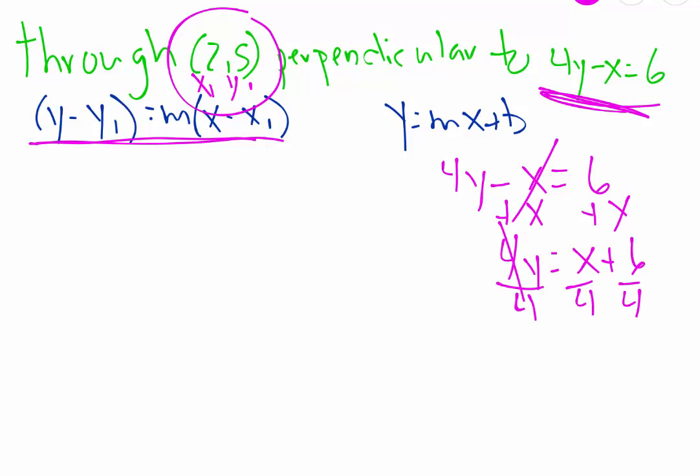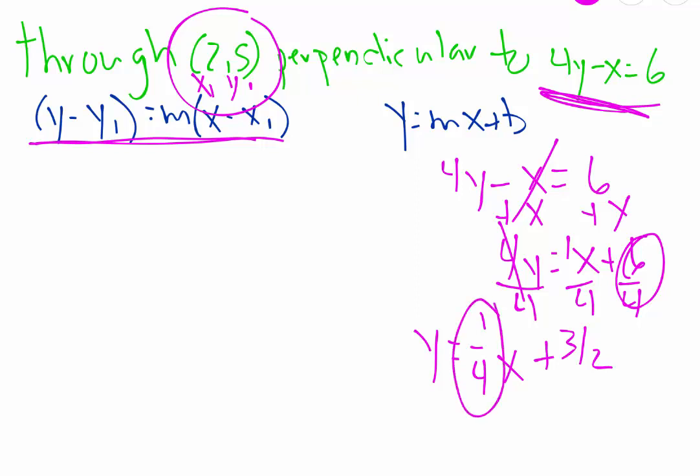When we divide the 4 out, the 4 cancels on the left, and we are left with y is equal to 1/4 x plus, well, it doesn't really matter what this is, it's technically a 3/2. But what we need from this is the slope. And again, the slope is the coefficient of x. So here, it's 1/4.